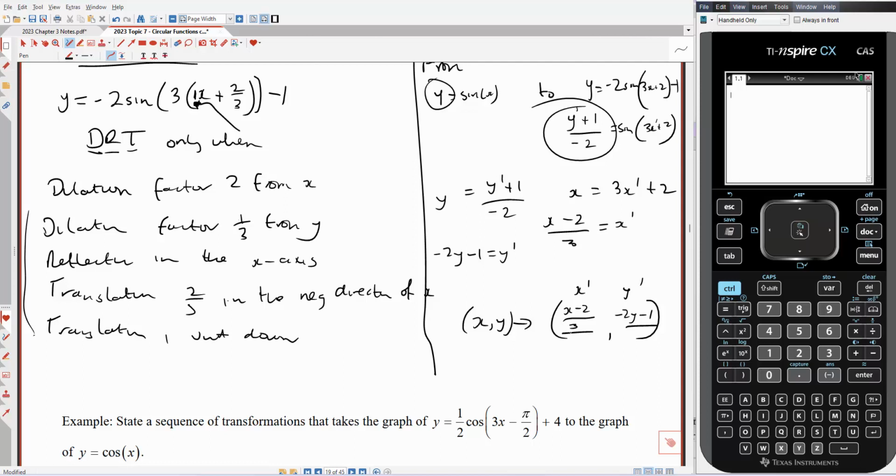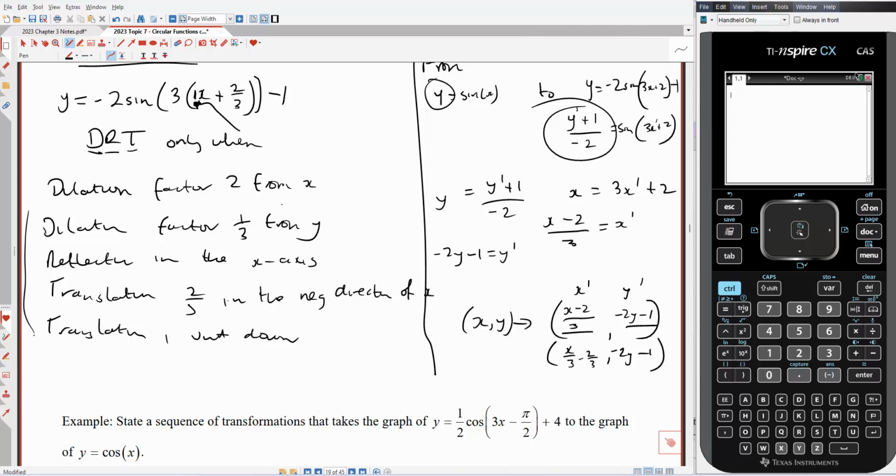But we can also write this one as x/3 take away 2/3, and leave this one. So this could be read as dilation factor 1/3 from y and then 2/3 to the left, which is the way this one is stated.